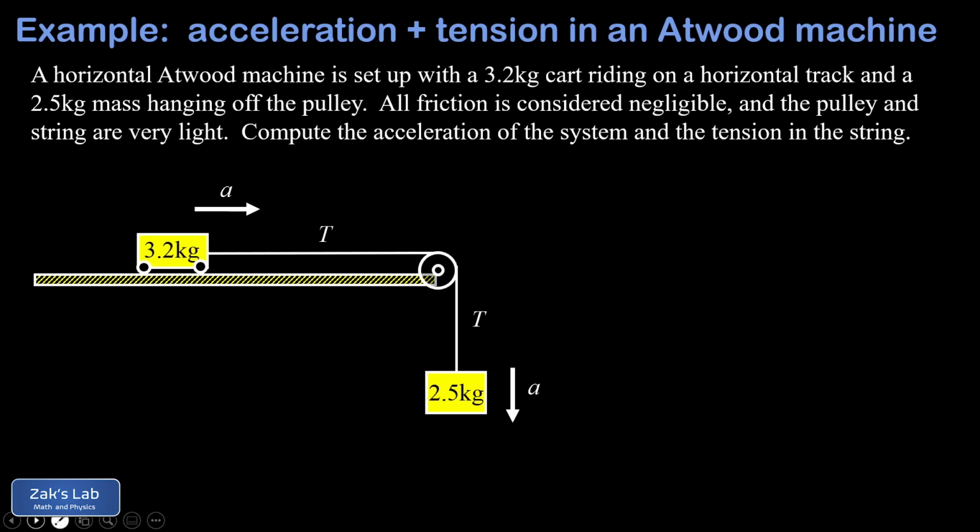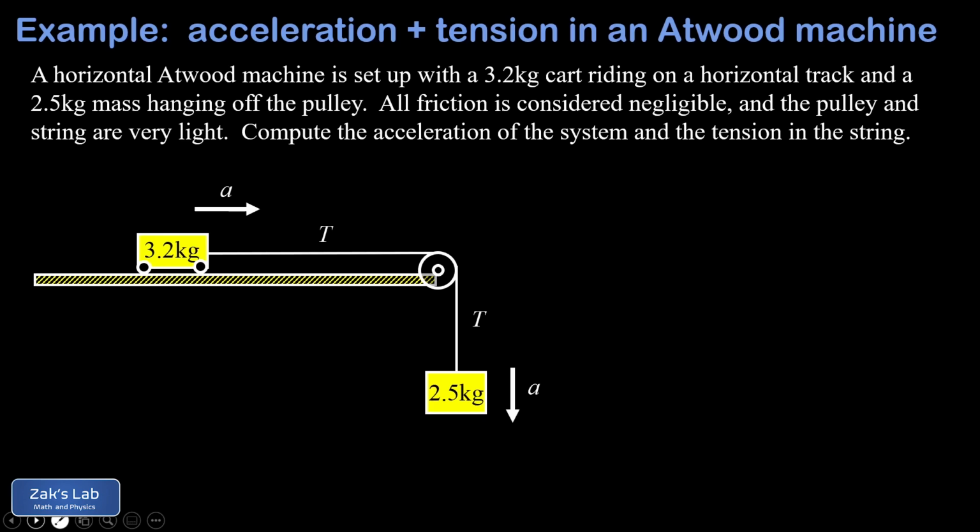And what that does is it forces A to represent a positive number in each equation that we write down. If you're inconsistent about your definition of A, like if you analyze it so that one A is positive and the other is negative, you'll have the same letter representing two different quantities in your equations, and it's going to blow up the algebra. You won't be able to solve the problem. So for us, we're calling the actual direction of acceleration the positive direction for the force analysis on each mass.